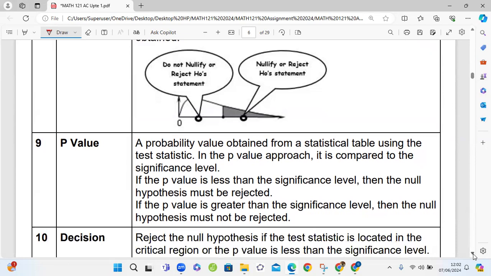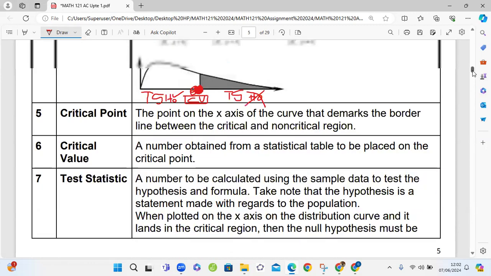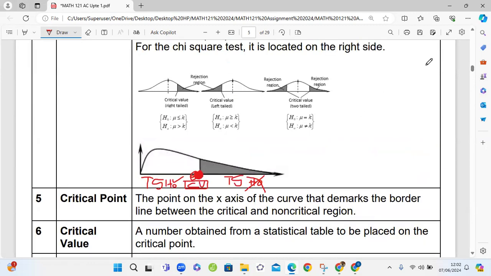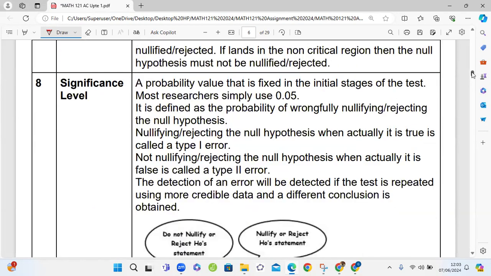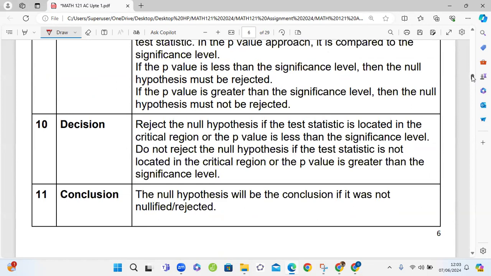So you have the critical value approach and the p-value approach. The critical value approach uses the critical value and the test statistic. And the p-value approach uses the significance level and the p-value.